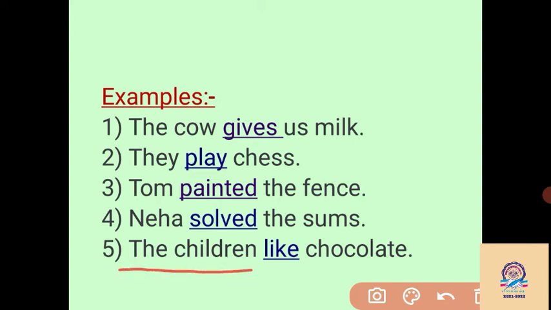Children is a noun, and like becomes the verb. So, the children like chocolate. So like becomes the verb. So we see here gives, play, painted, solved and like become verbs. So these are main verbs.